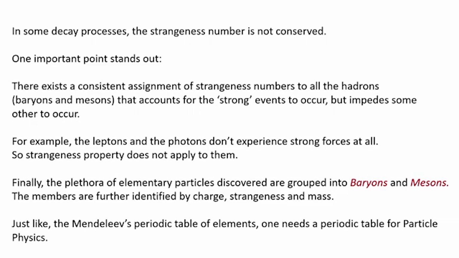So, we have a lot of data, but that requires something like a periodic table, which the chemistry people faced, as there was no consistent or systematic arrangement of the elements. So, one needs a periodic table for particle physics, and we will take up the subsequent discussions in the next class. So, we will stop here.